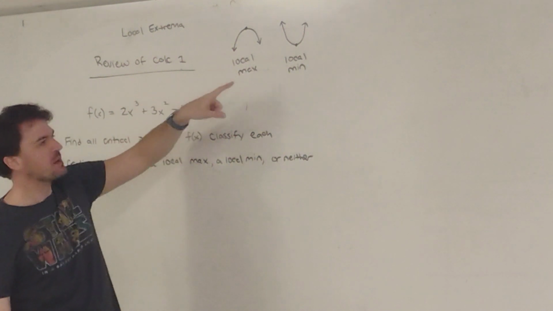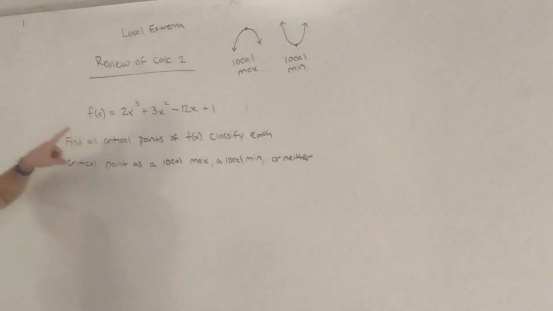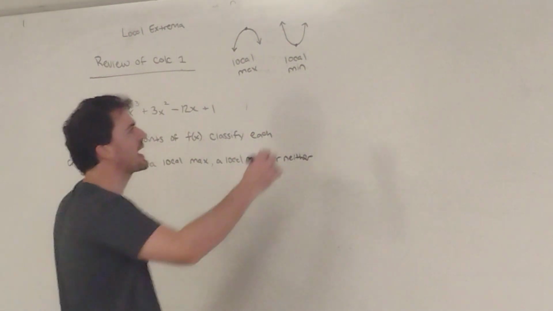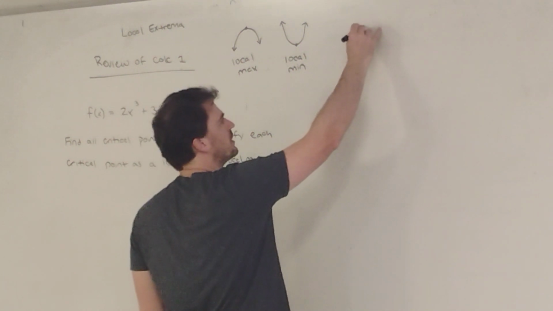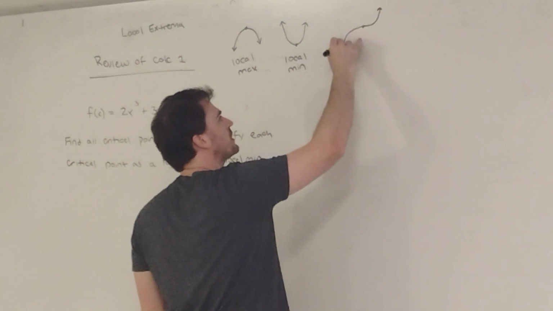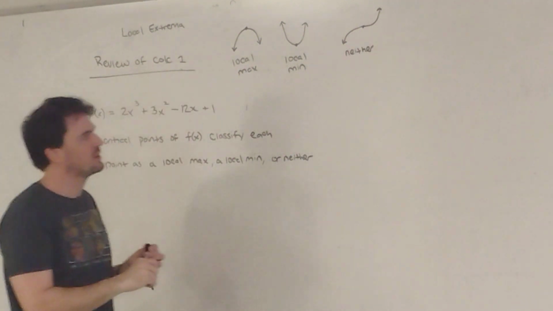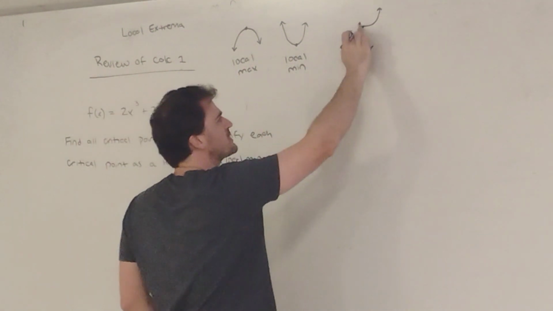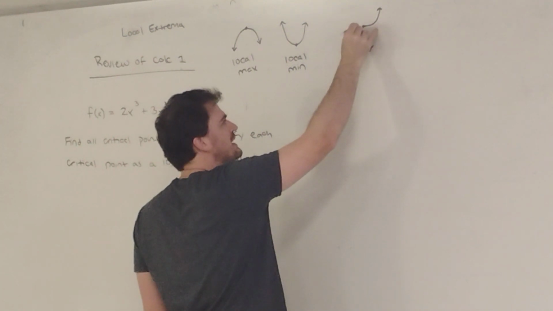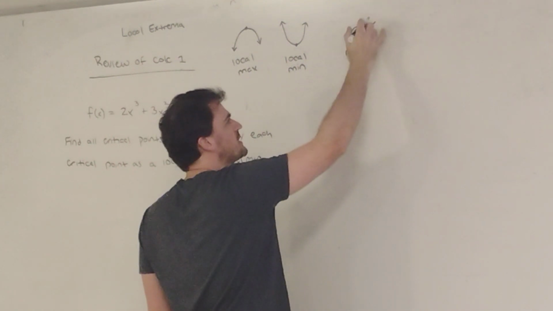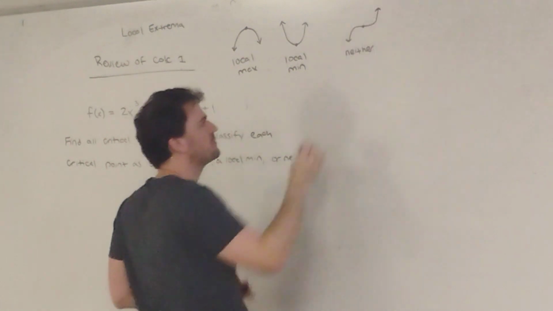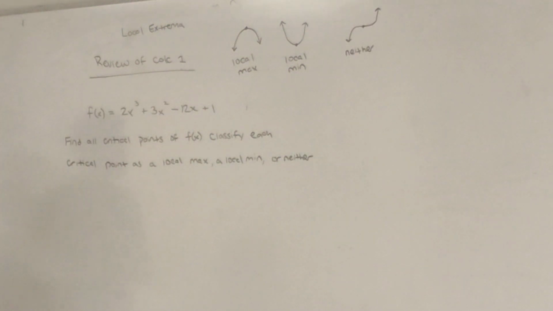So first, if we want to find these points, we can start off by finding these critical numbers. There was one more case of a critical number that was neither a local maximum nor a local minimum. At this point, the graph is flat, so the derivative equals 0, but it is neither a local maximum or local minimum.